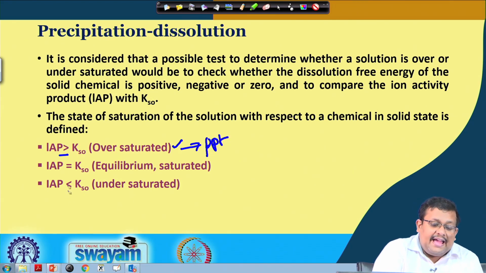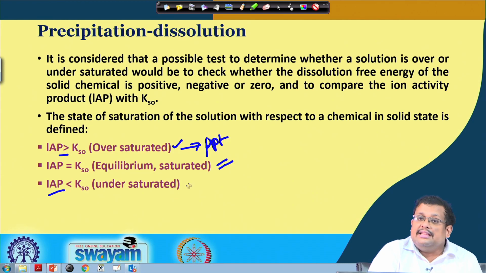When the IAP is equal to the solubility product constant, then it will be in equilibrium or saturated condition. And when the IAP is less than KSO, then it is undersaturated and there is a possibility of dissolution. So, you can see here the condition for precipitation and dissolution.